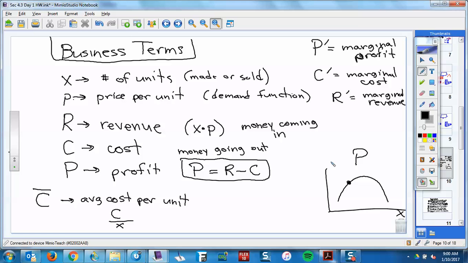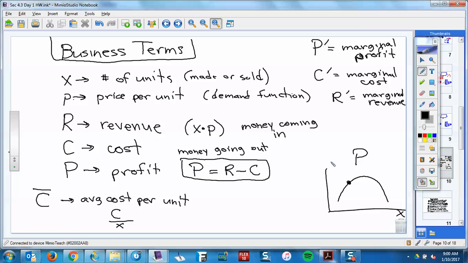With P prime negative, you're still profitable, but you maybe aren't at your peak profit, right? So you might need to do some things to change that scenario. So that's how they talk. They wouldn't say prime and derivative and those kinds of terms, but that's what they're saying. They're looking for a marginal profit of 0. It tells them that they're at that peak. Okay, so those are some of the terms that you're going to have.